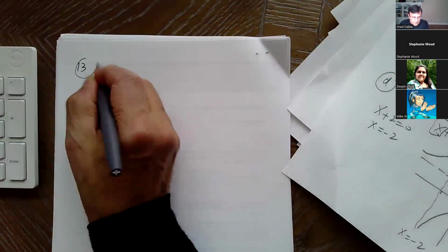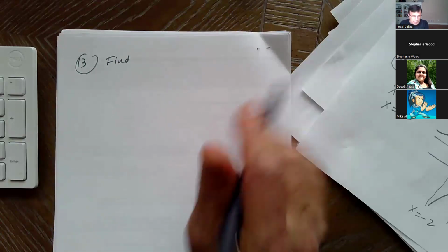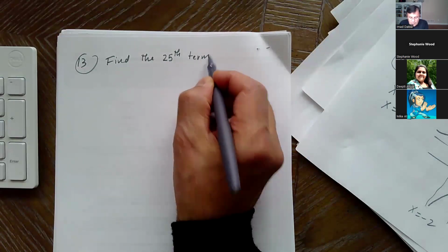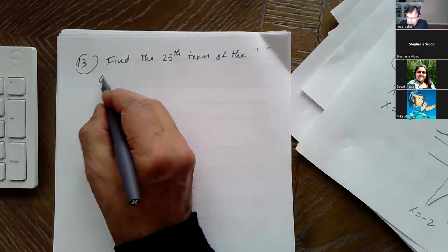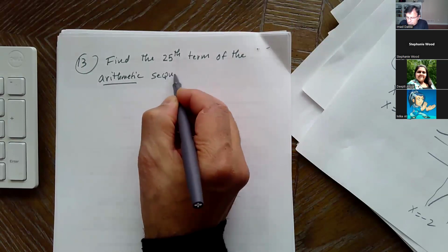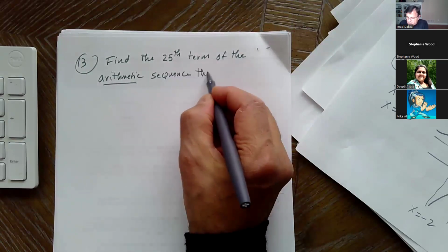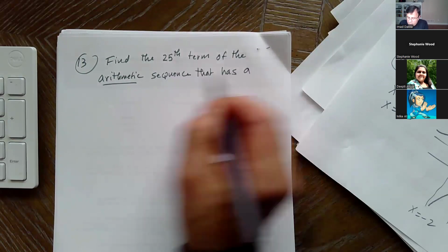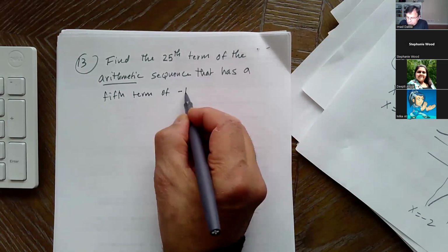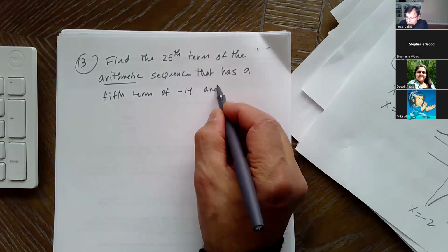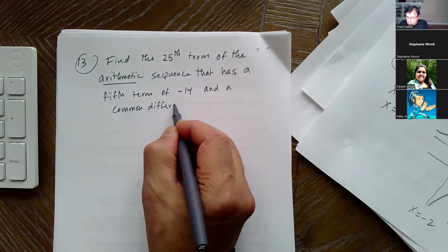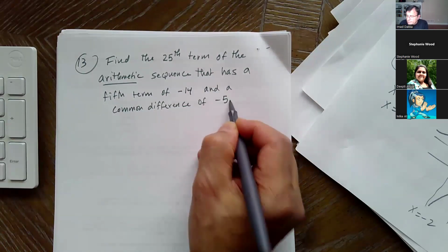Number 13. This is what I was telling you about earlier. Find the 25th term of the arithmetic sequence that has a fifth term of negative 14 and a common difference of negative 5.